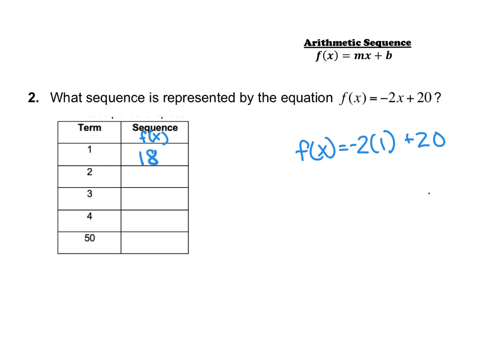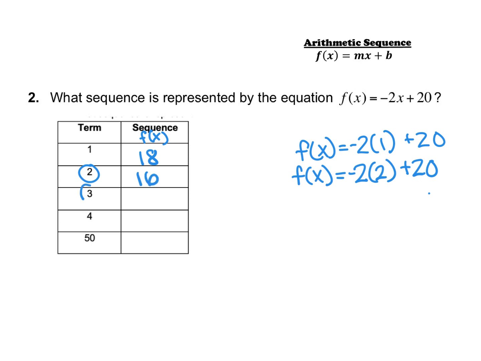All right, so for our second term, we're going to plug in 2. So we've got f of x is equal to negative 2 times 2 plus 20. So we have negative 2 times 2 is negative 4, and negative 4 plus 20 will give us 16.